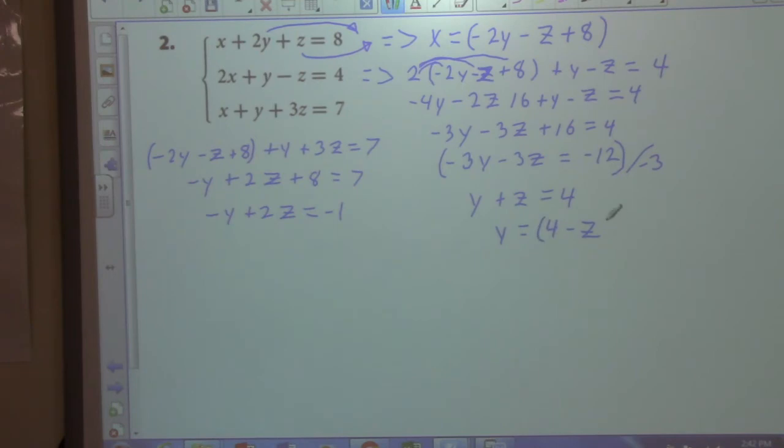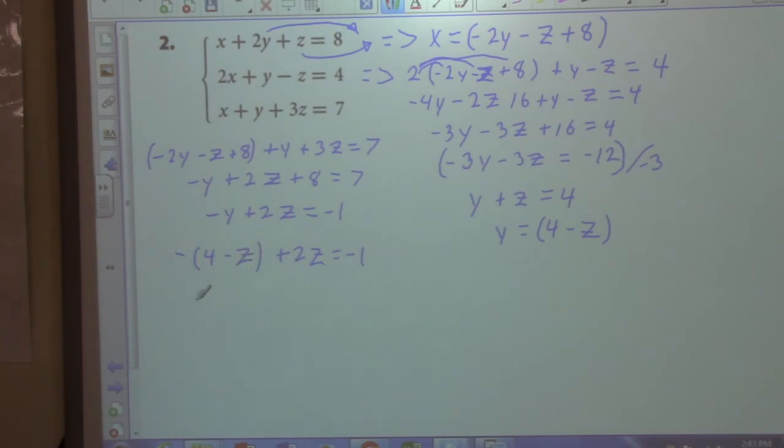Okay, I'm going to put that in parentheses here. And then what can we do with that? We can replace this y here, can't we? So negative, open parentheses, plus 2z is equal to negative 1. And what goes in here? 4 minus z.